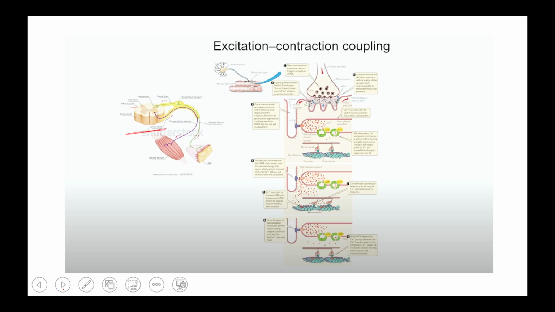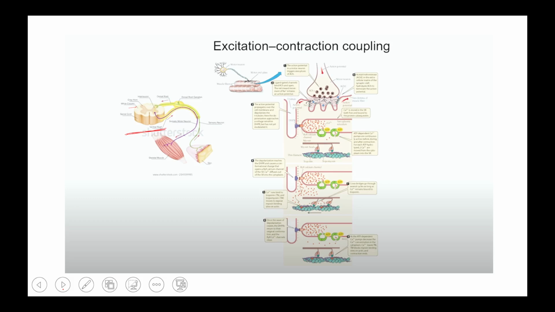On the plasma membrane of the skeletal muscle, we have the receptors for acetylcholine, and once those receptors get activated, it opens a sodium potassium channel. We have seen in our beginning slide the sodium concentration outside the cells, in the extracellular fluid, and in the intracellular fluid.